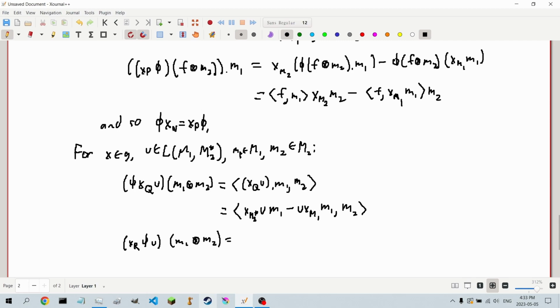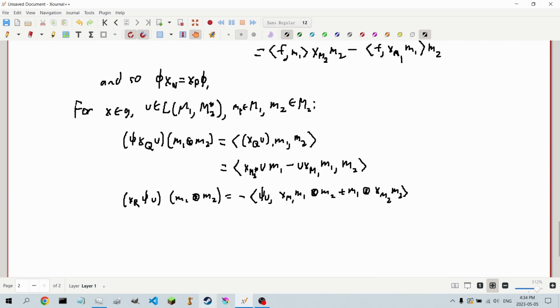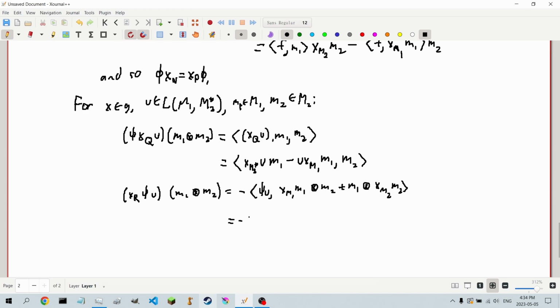And yeah, we get this one as negative the inner product of C of U and then X inside M1 of M1 tensor M2 plus M1 tensor X of M2 acting on M2, which is equal to negative UX M1 of M1 with M2 minus the bracket of U M1 X M2 M2.